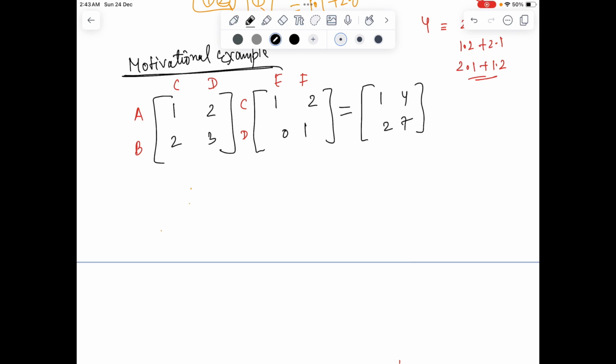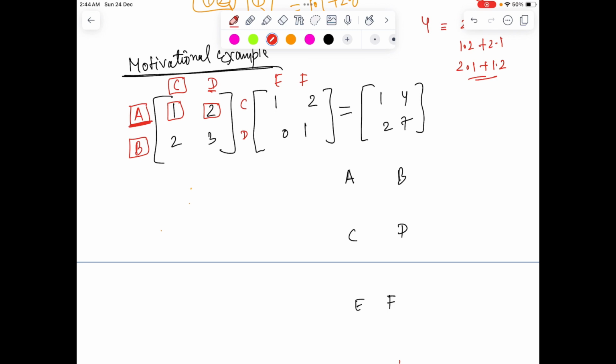Okay, so with this motivational example, we'll try to decode this multiplication in a slightly different way, from a data science perspective. Let's say I arbitrarily associate the cities A, B, C, D, and E, F. What does it mean? So the number of flights available from city A to C is 1.